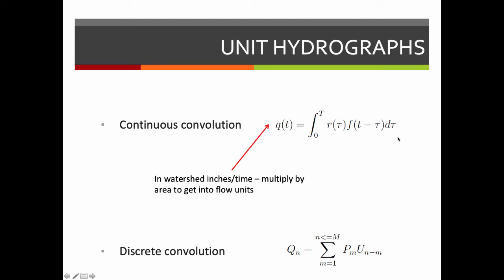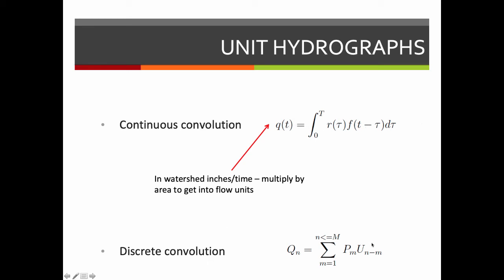This is an interesting notation because the variable of integration is tau. The functional form is t, and we're integrating from 0 to cap T. It's a definite integral. As our discrete times change, this value of t changes, and ultimately we can recover an entire functional form.